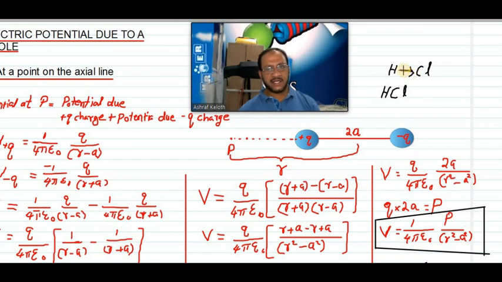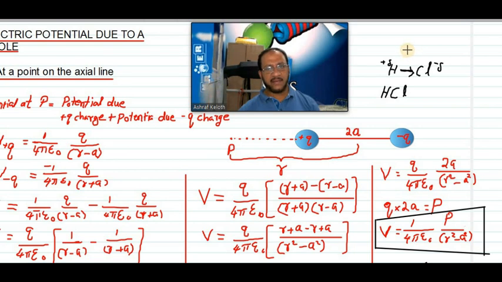As a result, the chlorine side becomes delta negative and the hydrogen side becomes delta positive. These are equal and opposite charges separated by a small distance, the bond length of HCl, which is nearly 2.73 angstrom, a very small value.